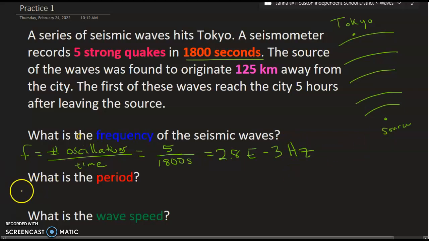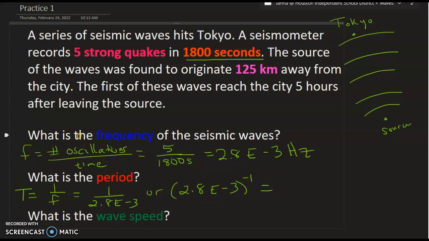The period, it's easy, period equals 1 over the frequency. So 1 divided by 2.8 e negative 3, or I can raise this to the negative 1 power, or 2.8 e negative 3 raised to the negative 1.